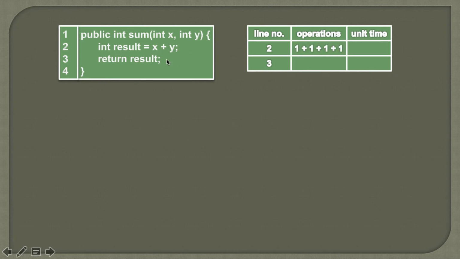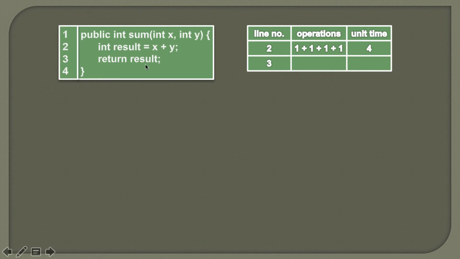So here we are simply performing 4 operations. And we also discussed in our previous video that these 4 operations will take 4 units of time, because we provide 1 unit of time to an assignment, an arithmetic operation, or accessing any variable. So line number 2 takes 4 units of time to execute this statement.